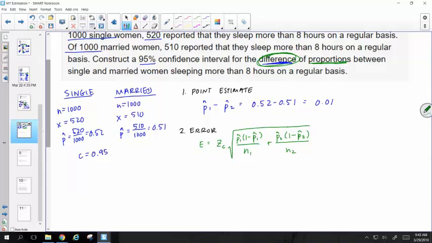Earlier today, someone said it's just plug and chug. I totally agree. We have P1, we have P2. We need the critical value of z, though. Where'd that come from? Critical value of z comes from the table, right? The confidence level is 0.95. The critical value of z is the z value that corresponds to that confidence level. We had 2 options.